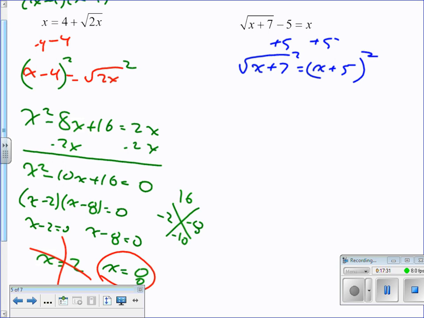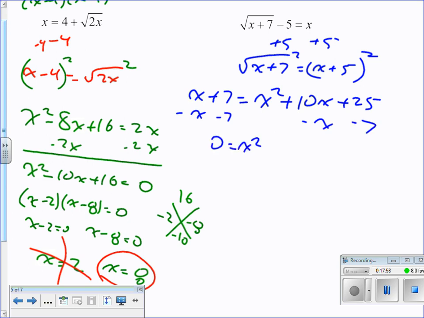I get x plus 7 equals x squared plus 10x plus 25. Square the first, multiply the 2, double it, square the last. And I have to be equal to what? 0. Subtract x, subtract 7, and I get 0 equals x squared plus 9x plus 18.